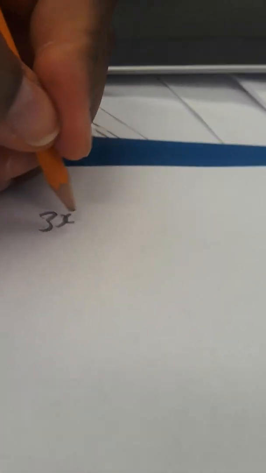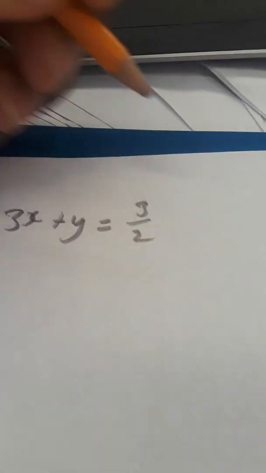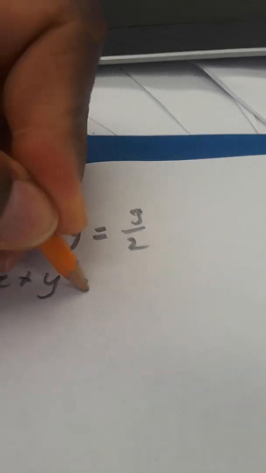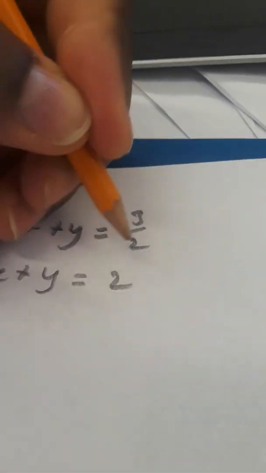Okay, here's what we know. 3x plus y is equal to 3 over 2, and also x plus y is equal to 2.